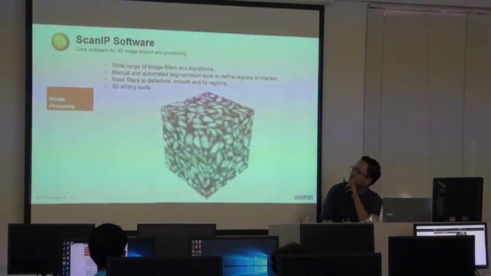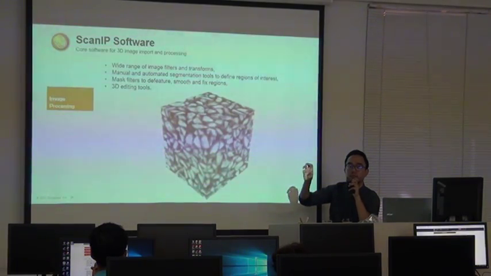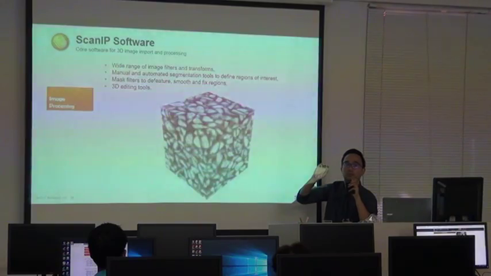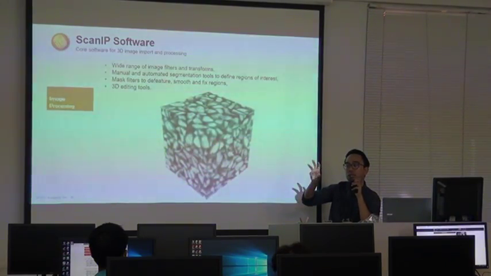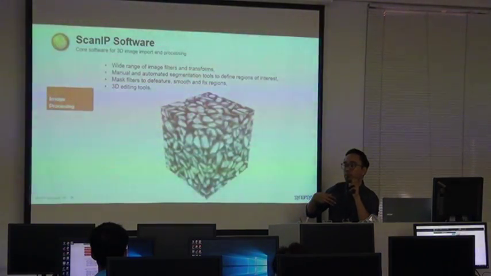For segmentation, we have tools from manual, semi-manual, semi-automatic to automatic in order for us to select or segment the model that we want from the images. We have a wide range of tools, so it doesn't matter if your image has low quality, which means the contrast is low or the resolution is low, because these tools will make sure that the software is able to generate the 3D model.